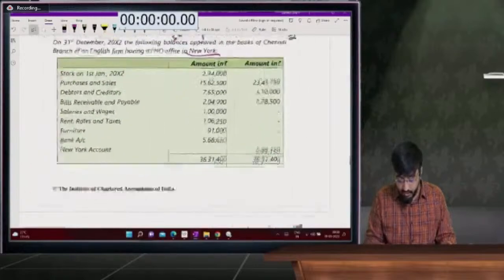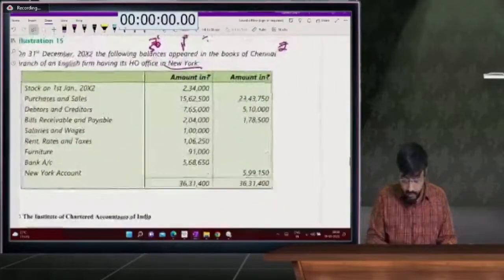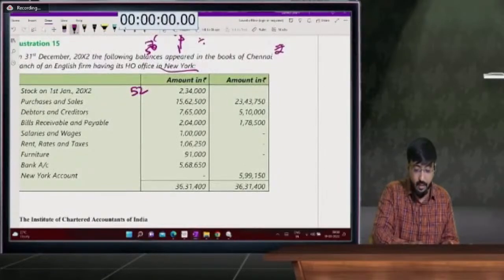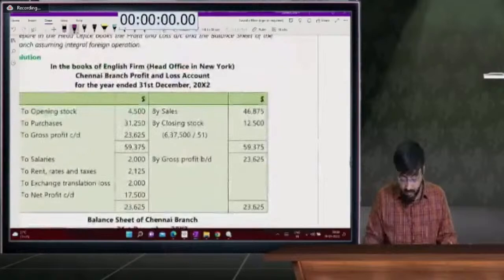For opening stock we will consider 52. Take 2,34,000 divided by 52 on the calculator. You get 4,500.